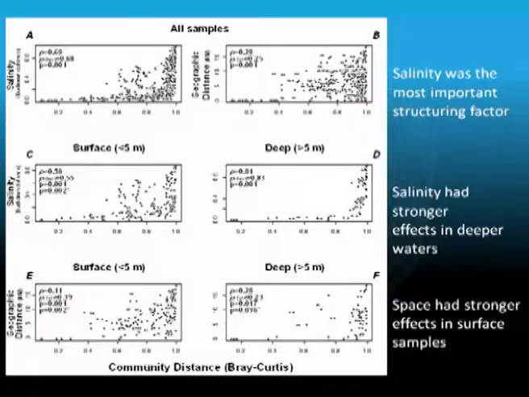Salinity always has a very big role, but if you look at surface waters, salinity has about a 0.5 correlation in the Mantel test. And when you move to the deep waters, the correlation increases. For geographic distance, you see a bigger correlation for surface waters and a lower correlation for deeper waters. So in conclusion, salinity always has a quite important role, but for the surface waters, dispersal might also have a role.